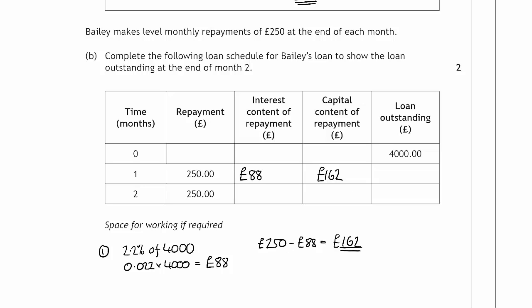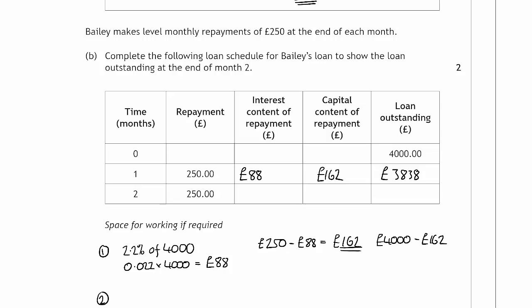Okay, now from then we can work out how much of the loan is still to be paid. So we take the 4,000 and take away that 162, and that means we've still got £3,838 to pay back.